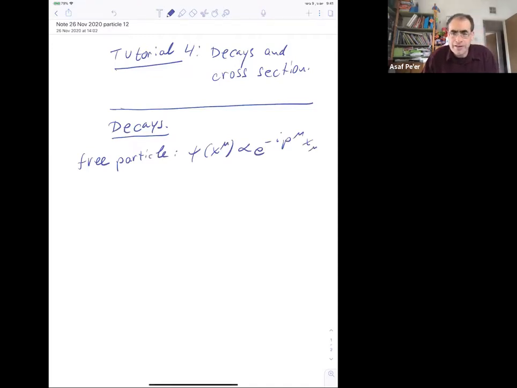And if you're in the center of mass, then the spatial components are 0. So we have psi of t proportional to e to the minus i m0 t. I assume you're familiar with that. Am I right?